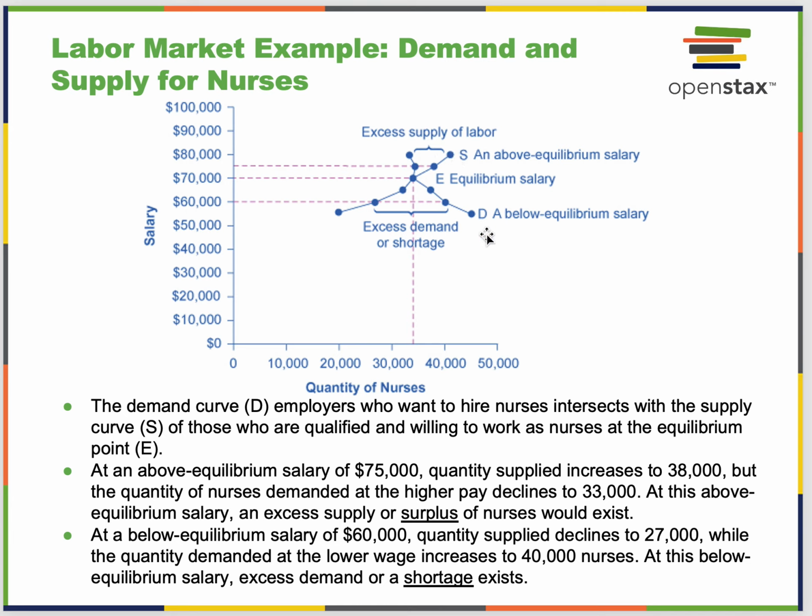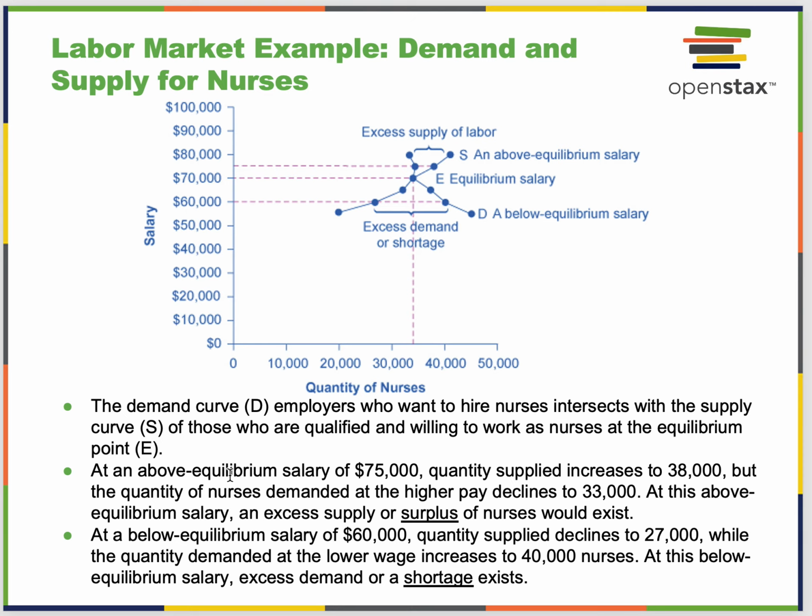The demand is like this: the higher the wage, the fewer people looking to hire at those market rates. If the wages go down, they're willing to hire more people. So the demand curve represents employers that want to hire nurses, and the supply curve represents those who are qualified and willing to work as nurses, meeting at the equilibrium point E.